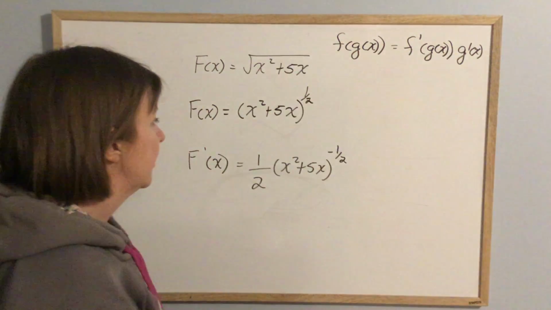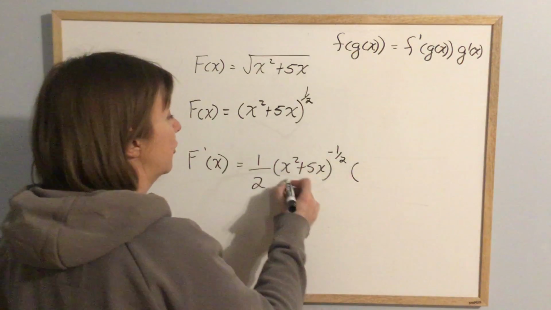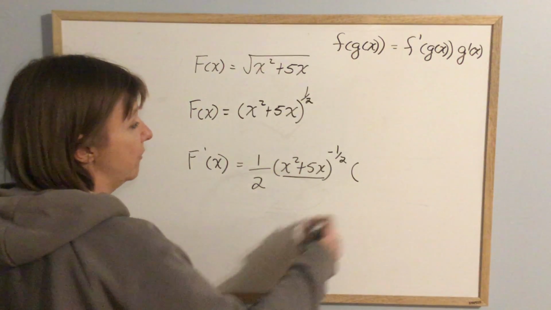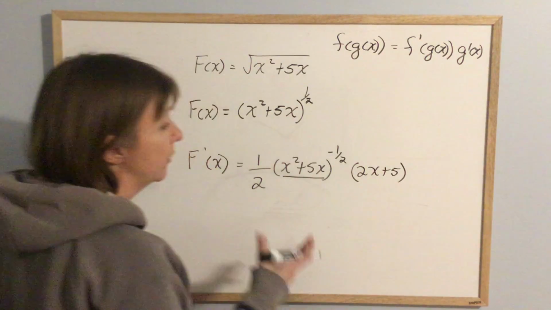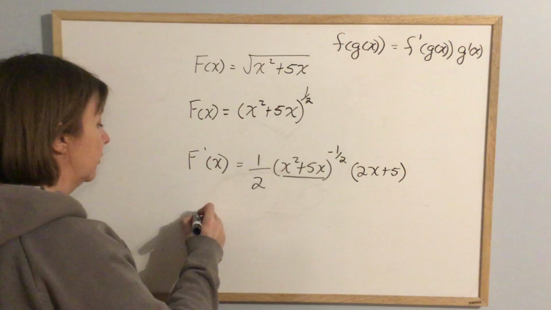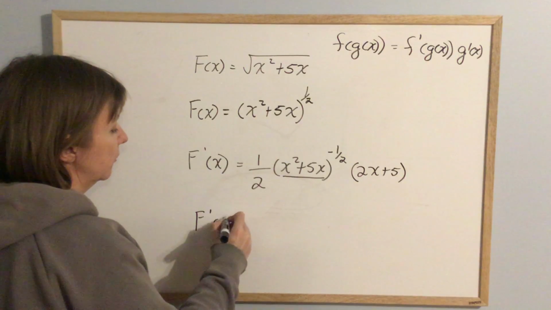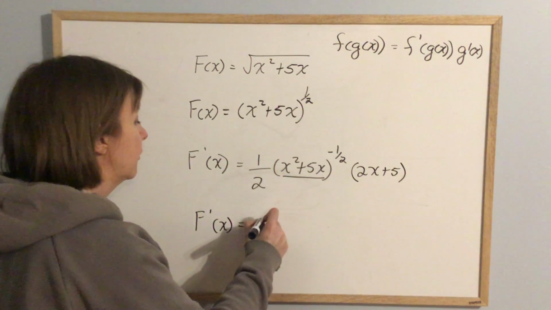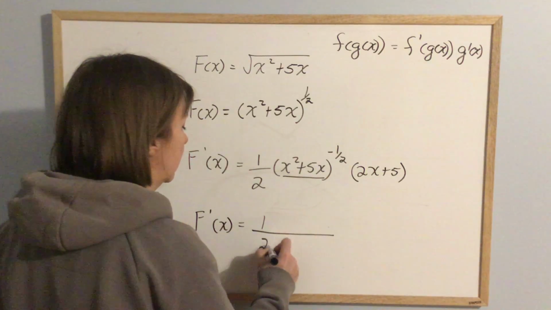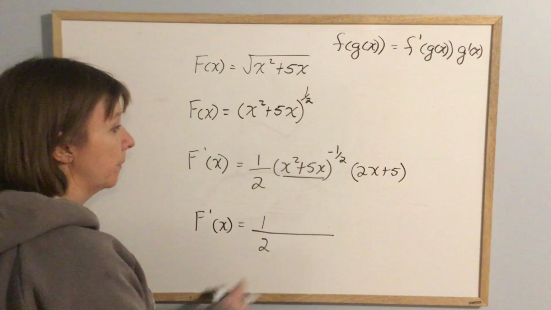Now I do the derivative of the inside, and the derivative of x squared plus 5x would be 2x plus 5. Technically, that is the derivative, but it's not really how they want you to leave it, okay? So we have a fraction 1/2.